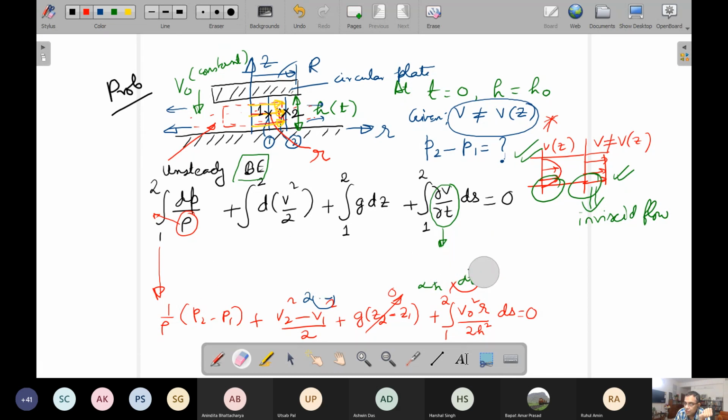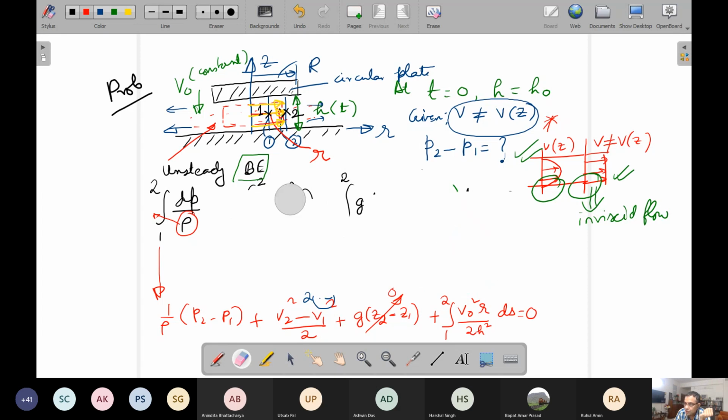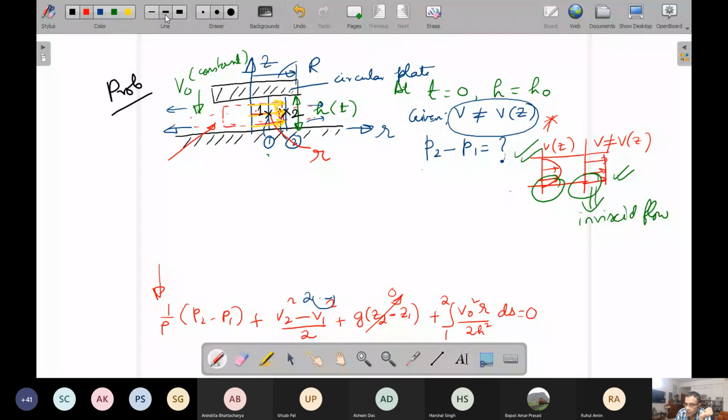Let me erase some part of the board to give me space to write. So P2 minus P1 by rho plus V2 square minus V1 square by 2 plus, now, while doing this integration, we can put ds equal to dr, because the streamlines are all parallel and along the r direction.